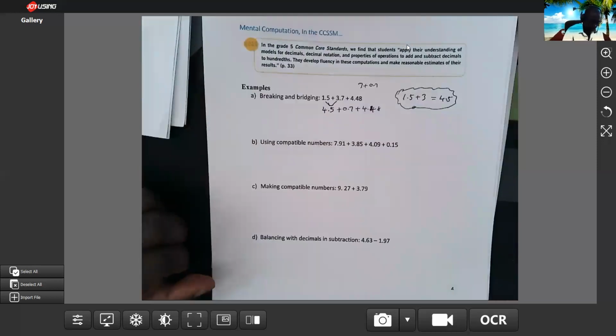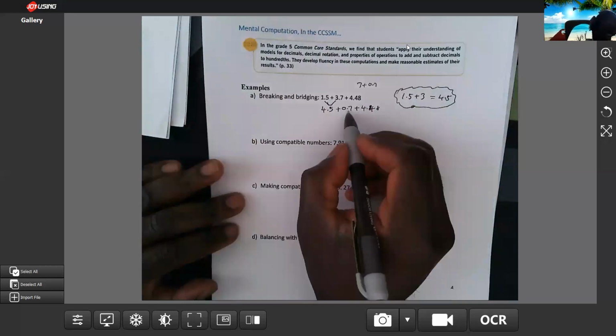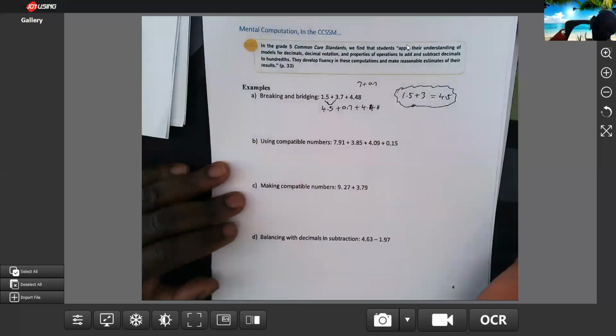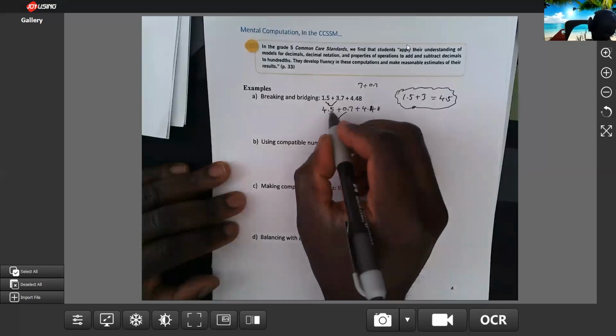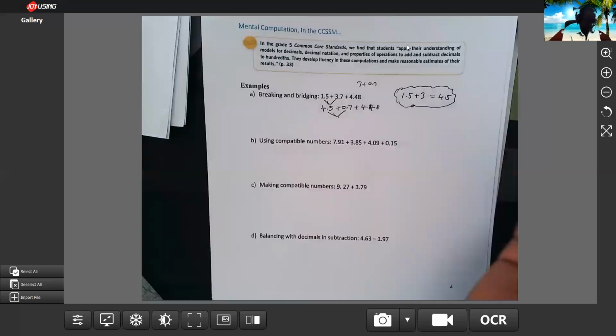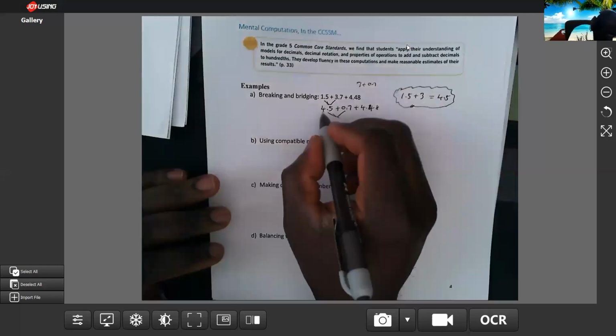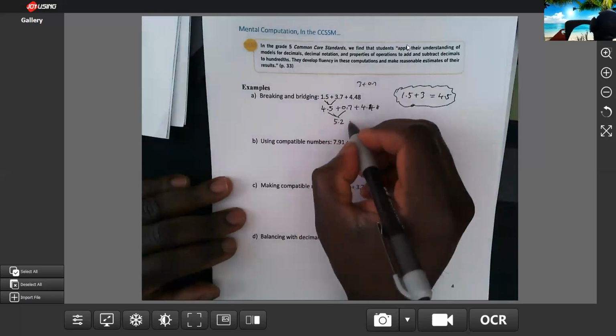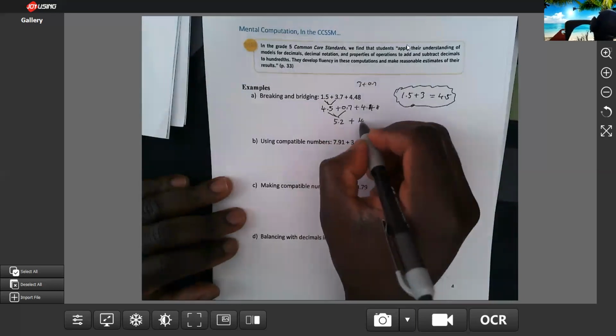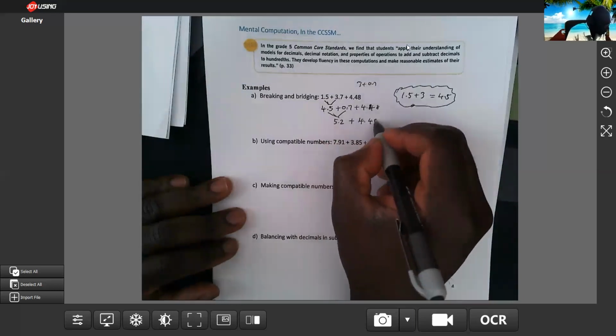That's in your mind, mentally. Then if you look at the result there, what else can I do? Now let me add 0.7 to the 4.5. If you add this, that gives you 5.2, because 0.5 plus 0.7 is 1.2. Then the 4 gives you 5.2. So what we have here is 5.2 plus 4.48.